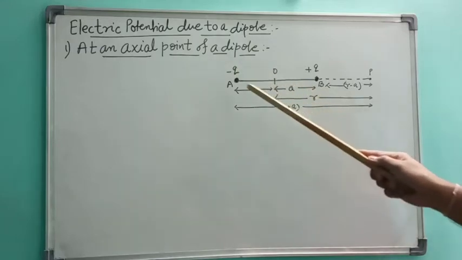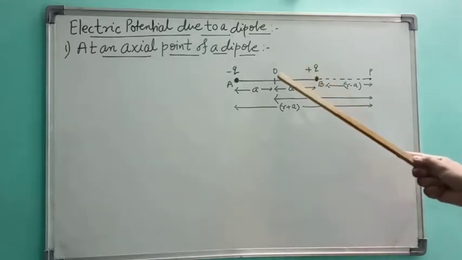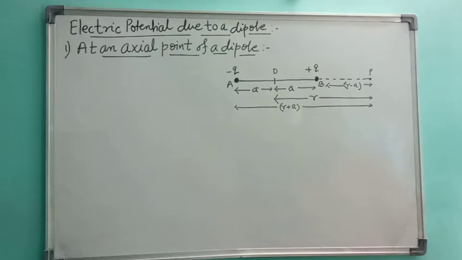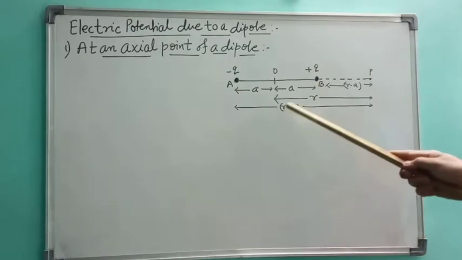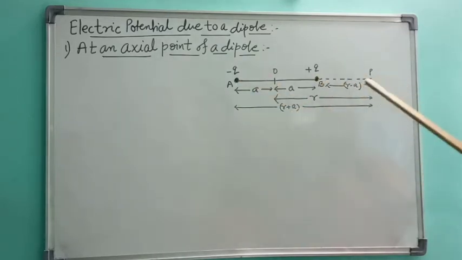The distance OA is equal to the distance OB, both equal to a. Now, at a distance r from the center O is point P, where we calculate the electrical potential. The distance AP is r plus a and BP is r minus a. Be careful writing down this figure.